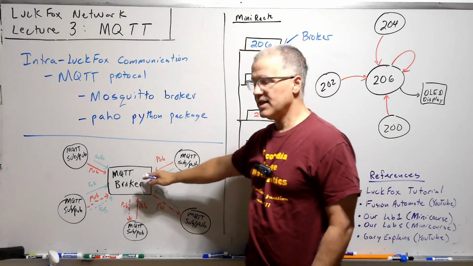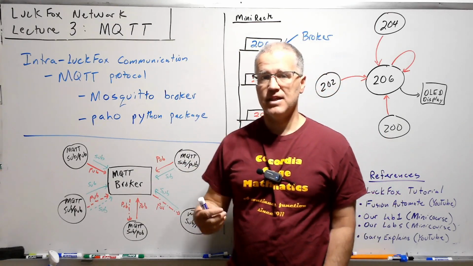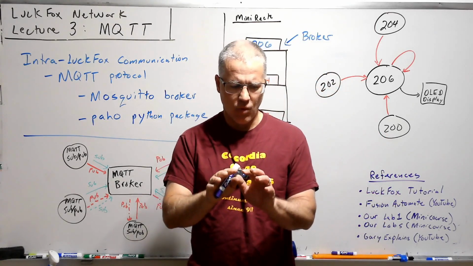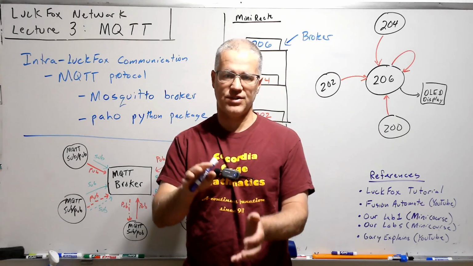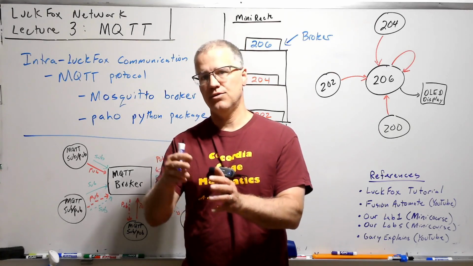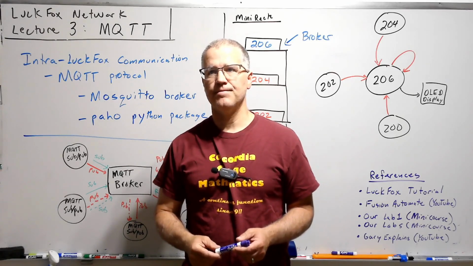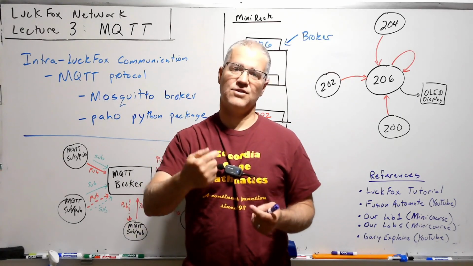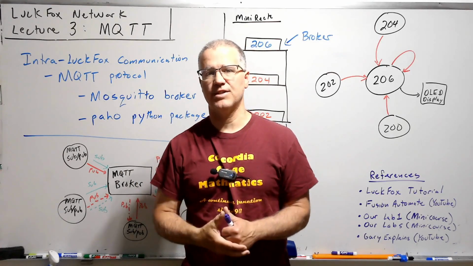The broker itself can publish to itself and subscribe to itself. While this is largely symmetric communication amongst the LuckFoxes, we do have to choose one of them to be the broker, which introduces a little bit of asymmetry. But since the broker can talk to itself, in the running of the communication, it's really very symmetric.